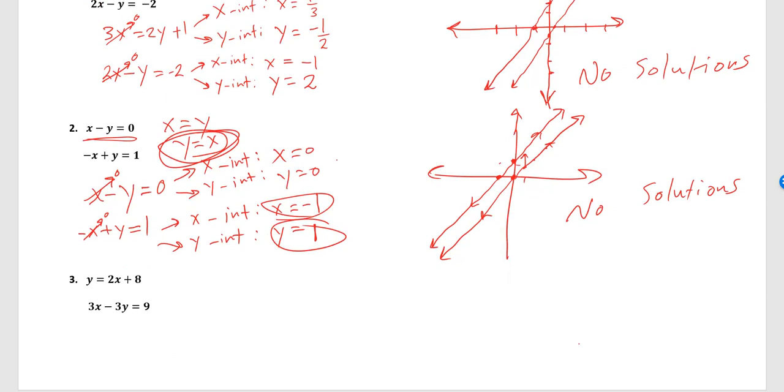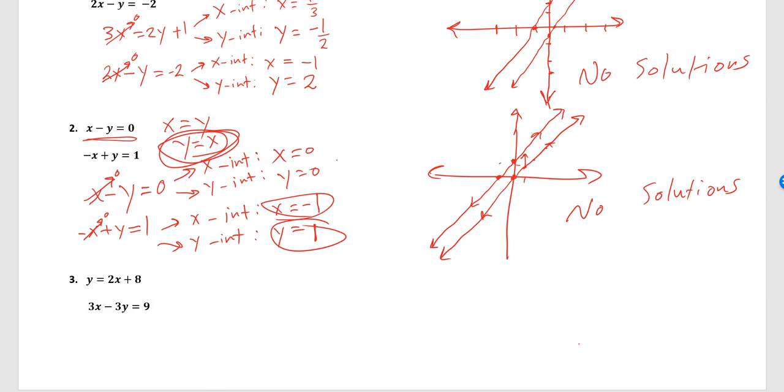And for the last one, we have y equals 2x plus 8 and 3x minus 3y equals 9. I'll leave the intercept work to you, but I'll summarize.